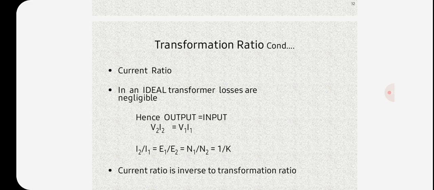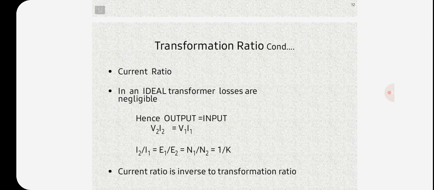So input volt ampere is equal to output volt ampere, that is V1 I1 is equal to V2 I2. From this equation, I2 by I1 is equal to E1 by E2 is equal to N1 by N2 is equal to 1 by K. Current ratio is inverse to transformation ratio.